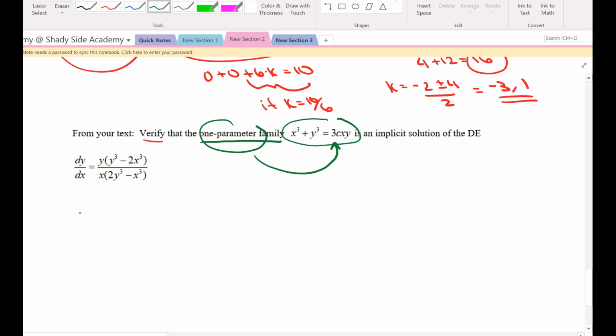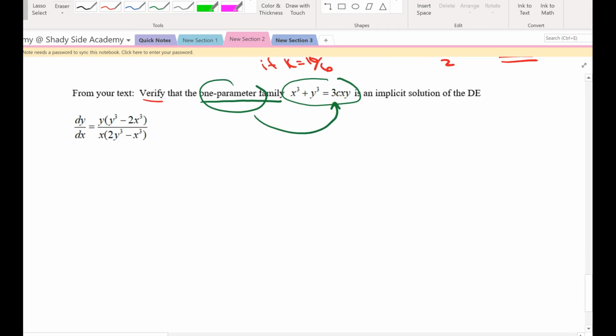Yeah, this is definitely not separable, is it? So right now, I would say that the most efficient way to go about this verification is to take d by dx of this equation and then solve for dy dx. Let's not forget how to do implicit differentiation. Go ahead and try it and then replay me for the answer.